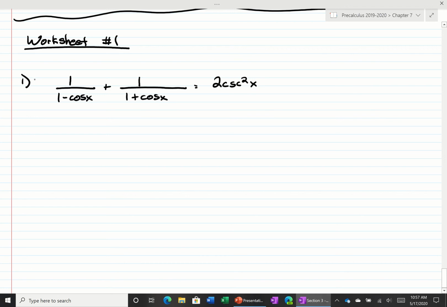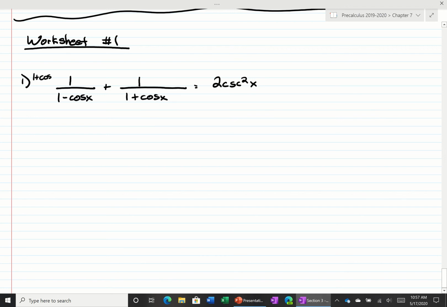We'll go through this. Problem number 1, it says 1 over 1 minus the cosine of x plus 1 over 1 plus the cosine of x, and that should equal 2 cosecant squared of x. Alright, so first thing let's do is let's get a common denominator.